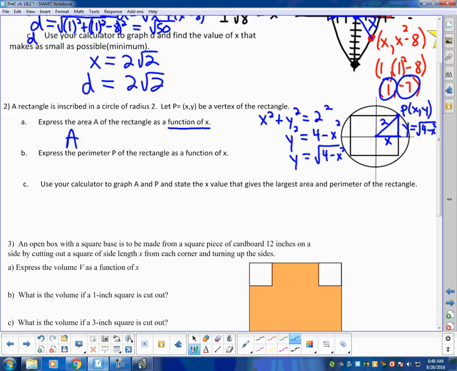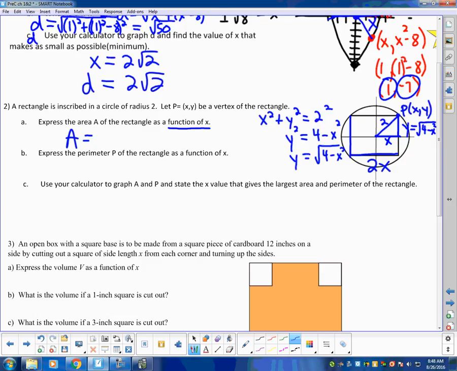So my area, okay, we need to do a little more drawing on here. Of this rectangle, from here to here, if that's x, what is that length from there to there? 2x. 2x, good. And from here to here, if that length is square root of 4 minus x squared, from here to here would be 2 of them, right? Is that what you said? Okay.